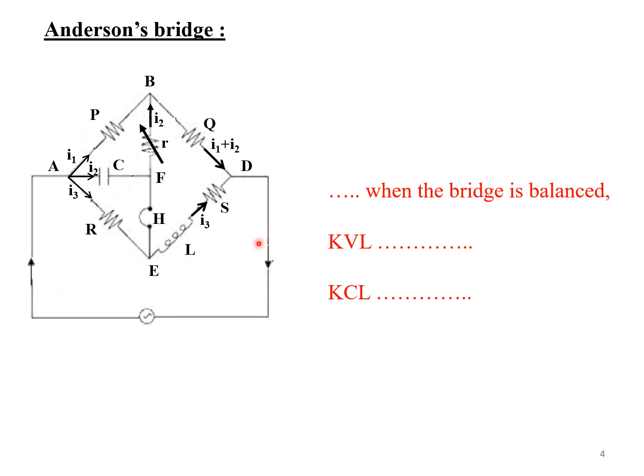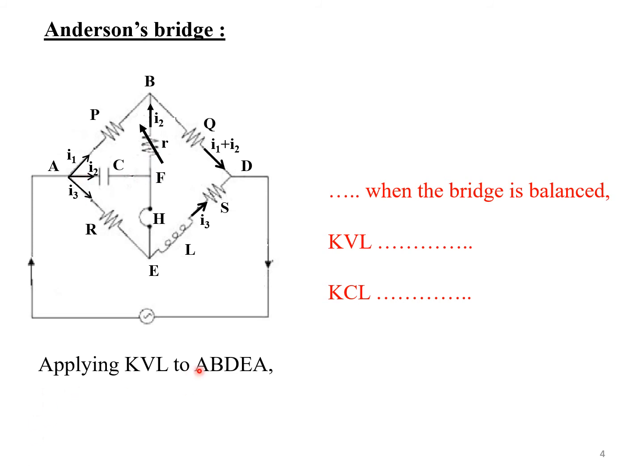Now, we have to make use of Kirchhoff's voltage law, according to which the algebraic sum of the product of current and the resistance or the impedance should be equal to the algebraic sum of the EMFs of the voltage sources. Again, you have studied that particular thing in detail, and that is applicable in the case of a closed loop.